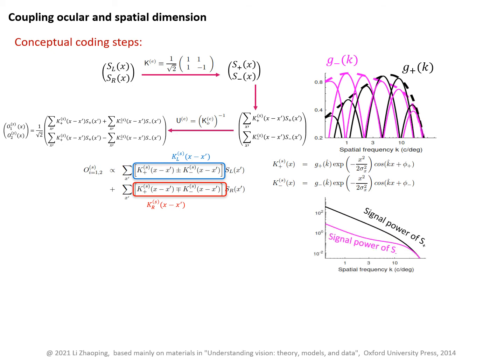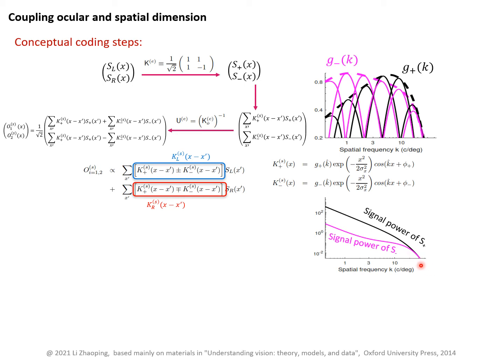This is because the signal power in the summation and difference channels look like this. The difference channel is much weaker in the low spatial frequency region, but the two channels become more and more similar in their signal powers as the frequency becomes larger.